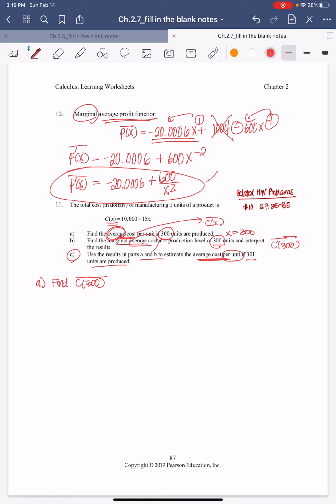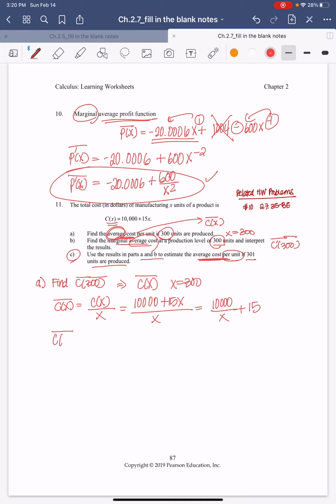I need to find C bar. I'll find C bar of x first and then substitute x equal to 300. So C bar of x means C of x divided by x. So C of x is 10,000 plus 15x, divided by x. So it will be 10,000 over x plus 15. What do we do?